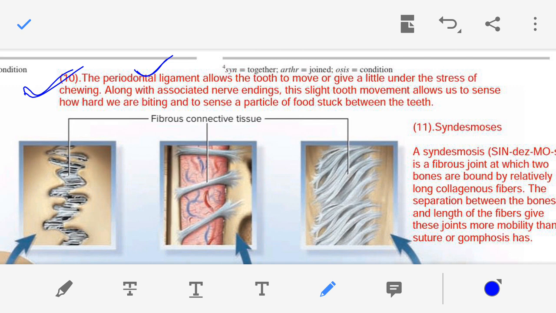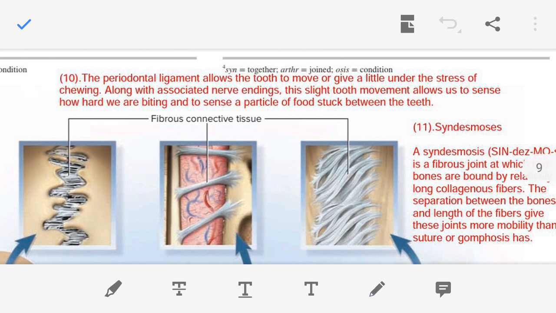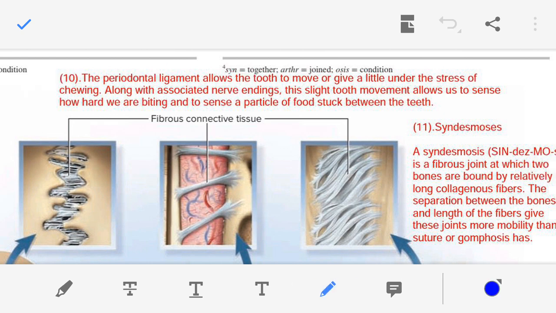Then in our teeth the nerve endings are there. With these two things, the periodontal ligament and the nerve endings, we can experience the movement of our teeth, or how hard we are biting our food.